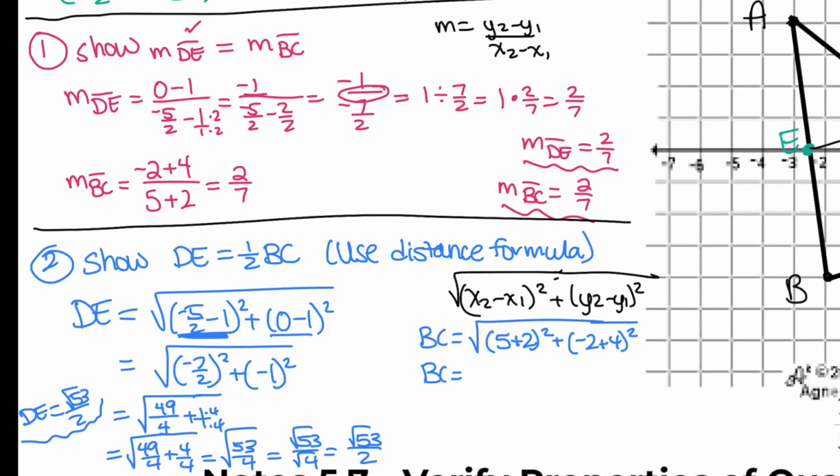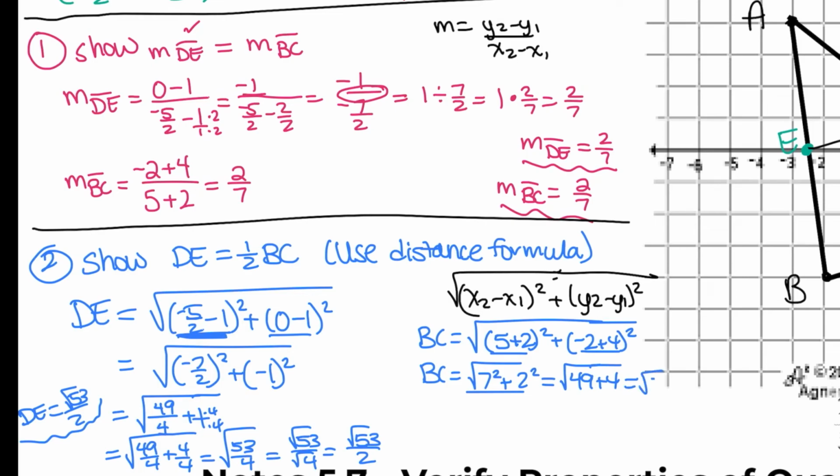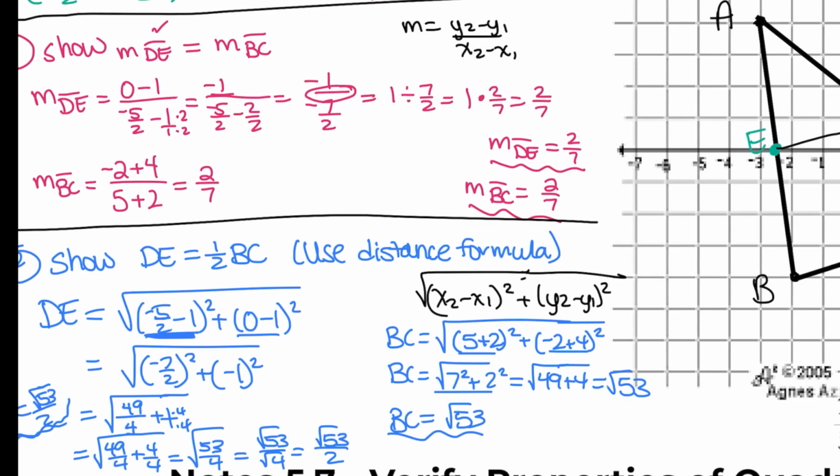So this ends up becoming the square root of 7 squared plus 2 squared, which gives me the square root of 53. So we know here that BC is equal to the square root of 53, and DE is the square root of 53 over 2. So we can definitely conclude that DE is 1/2 of BC.